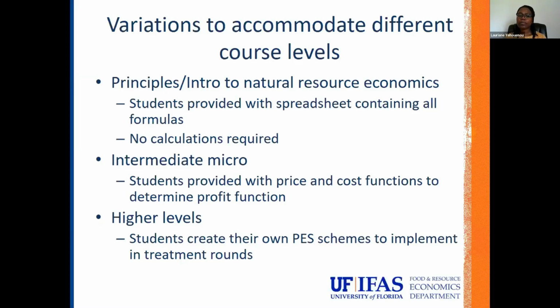In an intermediate microeconomics class, for instance, we can provide the students with the price and cost functions and ask them to determine the profit function themselves. For higher-level courses, the students can create their own payment for ecosystem services schemes and implement them in the treatment round.